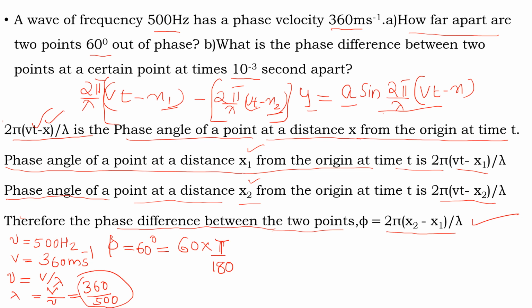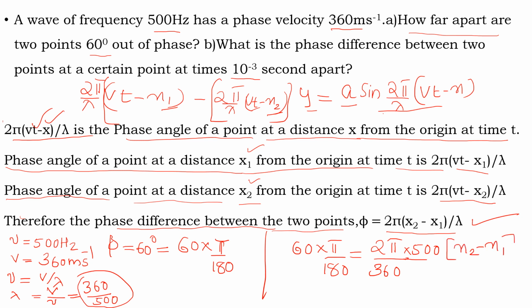Substituting these values in this equation, we get the phi is equal to 60 into pi by 180 and 2 pi divided by wavelength is 360 into 500 into x2 minus x1. We have to find out the x2 minus x1. The pi will cancel.